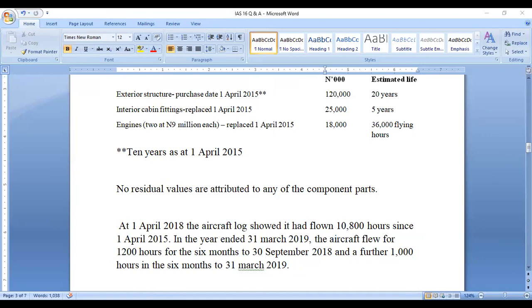Accumulated depreciation as at 1st October.